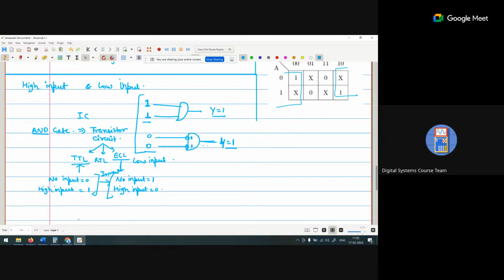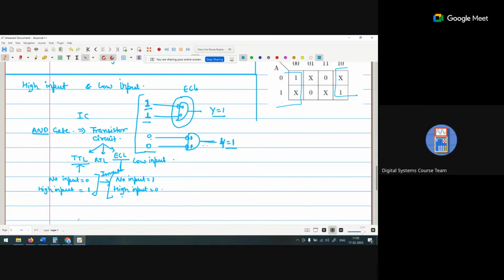Similarly here, when we are giving 1, it will automatically be converted to a 0, because the family may be ECL. So when we are giving a high input, it is considered as a 0, and when we are giving the 0, it is considered as a 1 input.